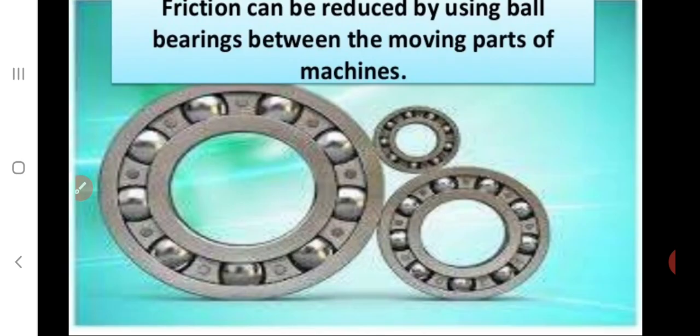Another method of reducing friction, especially in machineries, is the use of ball bearings. Between the moving parts of machines, we can use ball bearings. Ball bearings reduce friction because they make use of rolling friction, and we have already discussed that rolling friction is much less than sliding friction. In that way, friction can be minimized in machineries.